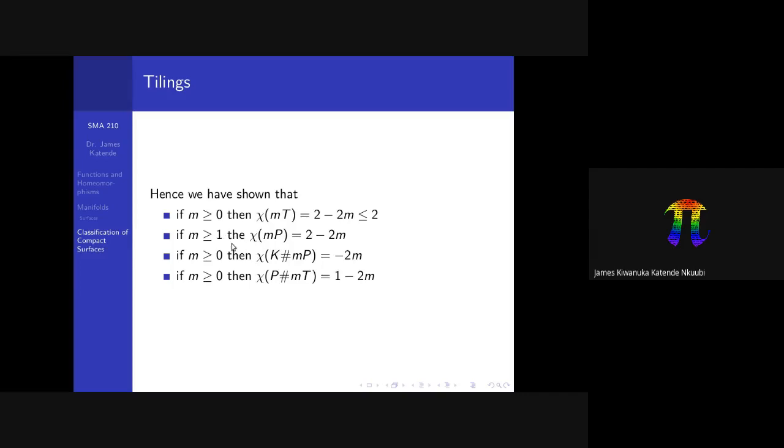But for the rest of them, given non-orientable compact surfaces, the smallest possible value that can happen is 1, I think. For this case, the smallest would be 0 when m is 1.